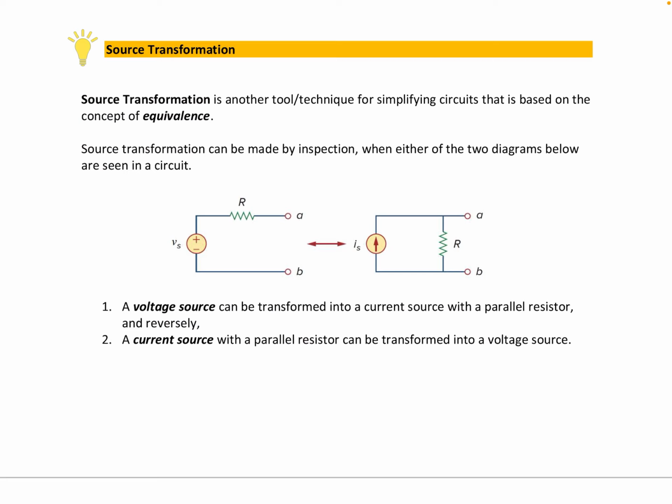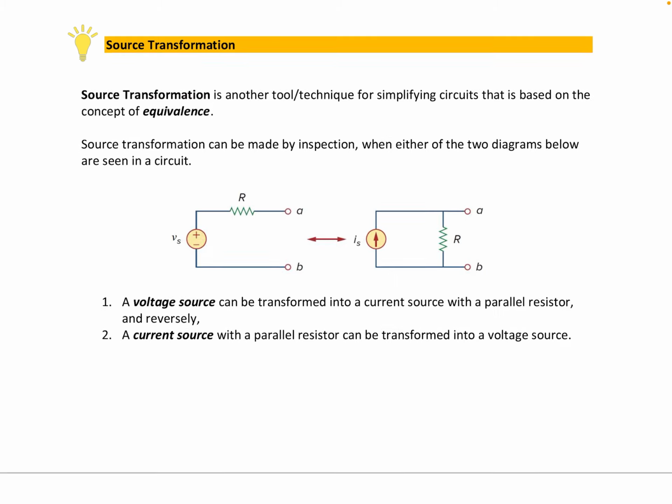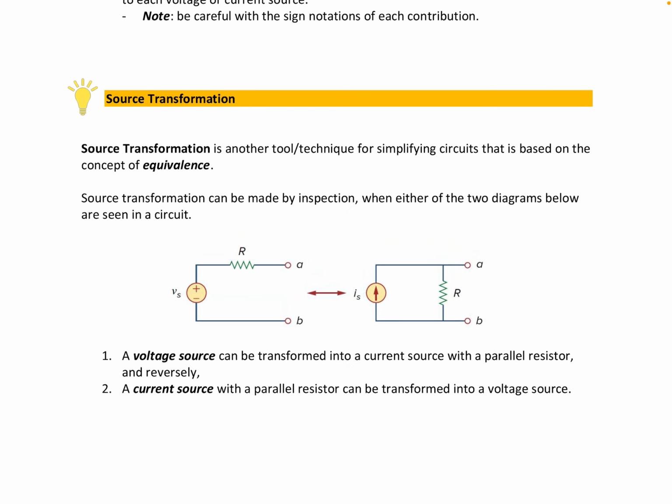Source transformation can be made by inspection when either of the two diagrams below is seen in a circuit. There are two ways that we can execute source transformation. In the first case, a voltage source can be transformed into a current source with a parallel resistor, and reversely, a current source with a parallel resistor can be transformed into a voltage source.